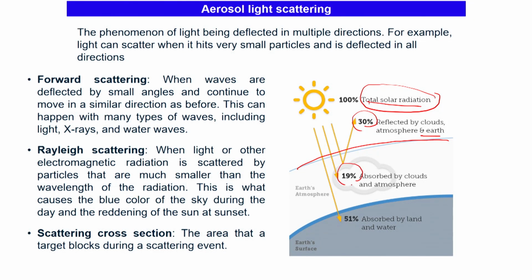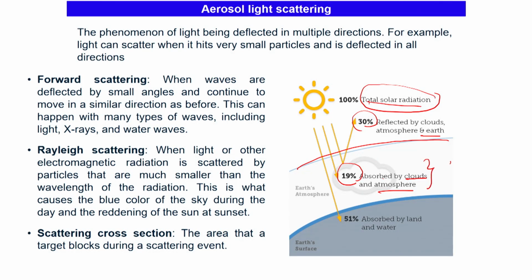About 19% of the solar radiation, out of 100, will be absorbed by the clouds and the atmosphere. So reflected by the clouds and atmosphere is about 30%, and 19% is absorbed within the atmosphere.